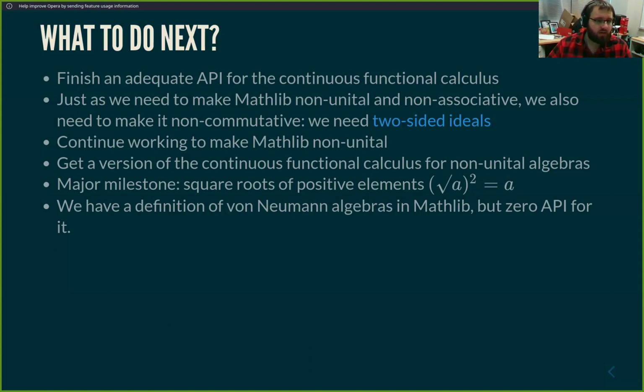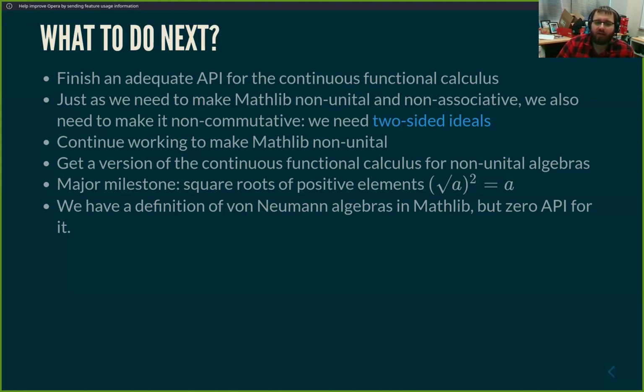Of course, we'll want to get a version of the continuous functional calculus for non-unital algebras. And then, I would say a really major milestone to say we've arrived at a nice place is getting square roots of positive elements. This is important because this precisely uses the continuous functional calculus. How do you get something that's a square root? Well, if it's a square root, it has to satisfy this property.